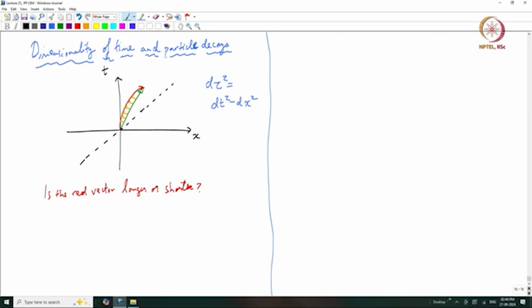I'm drawing all these perpendiculars to the green line, to the time-like vector. If I draw something perpendicular to the time-like vector, is it space-like or time-like? It's obviously space-like, right? So look at this. This orange arrow I'm drawing is parallel to the other orange arrows, right? That is, this orange arrow is perpendicular to the green arrow and hence it is space-like, correct?